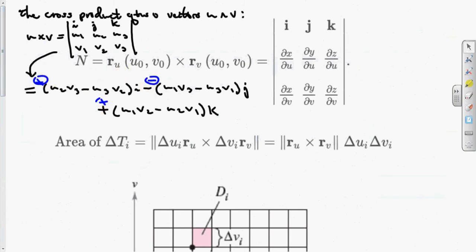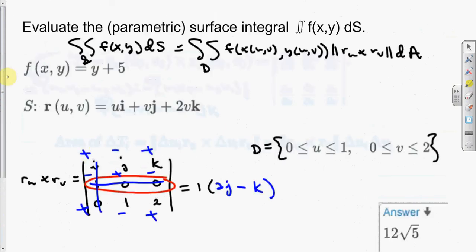And this is plus, because I'm working along the first row, plus, minus, plus for the permutation signs. Here, if I work along that second row, it becomes negative, plus, minus. Anyway, this has to be a negative there. There's that negative sign there. So this is negative 2j plus k.